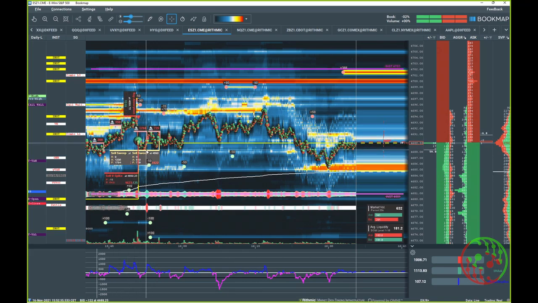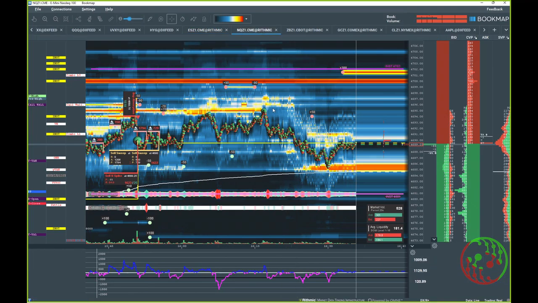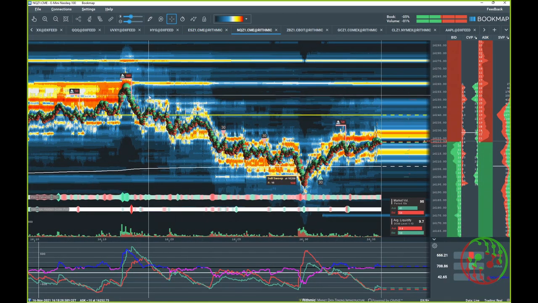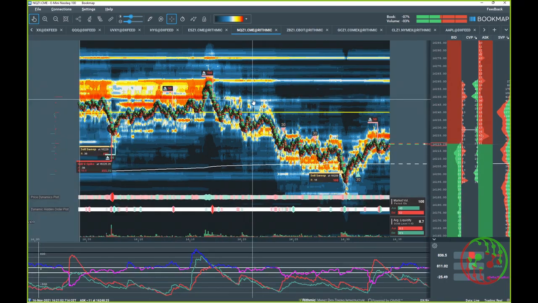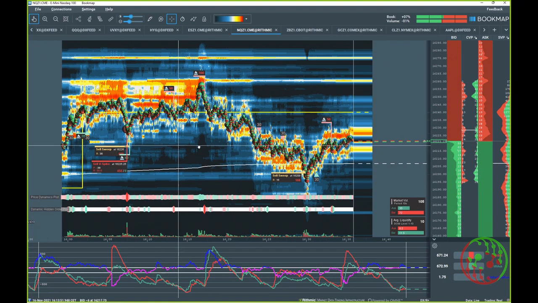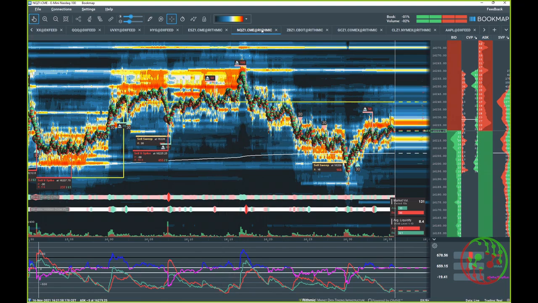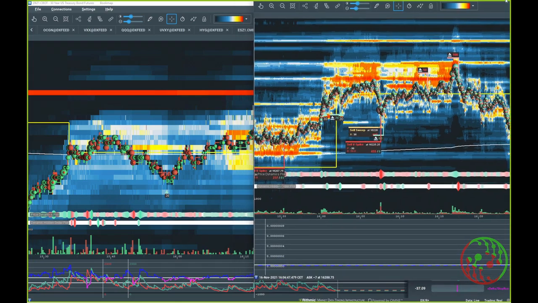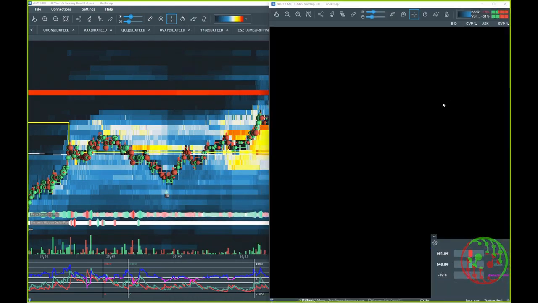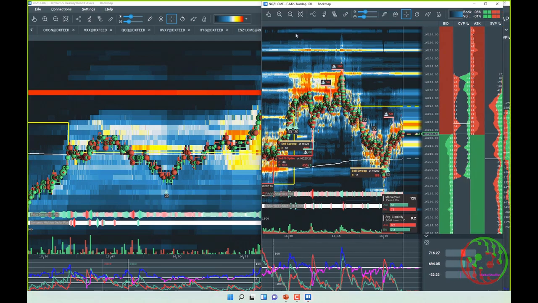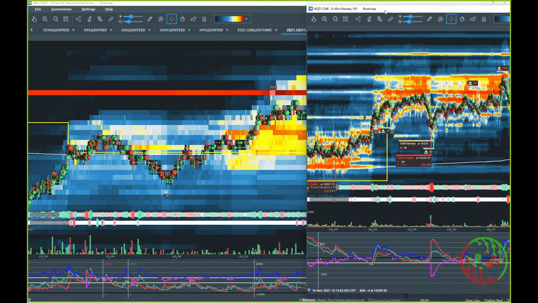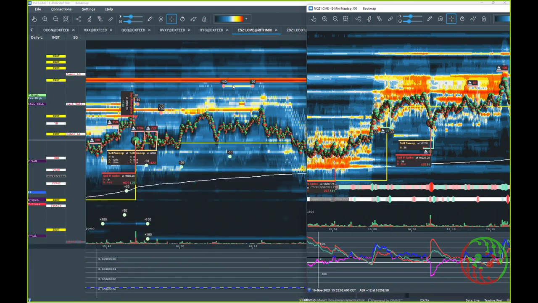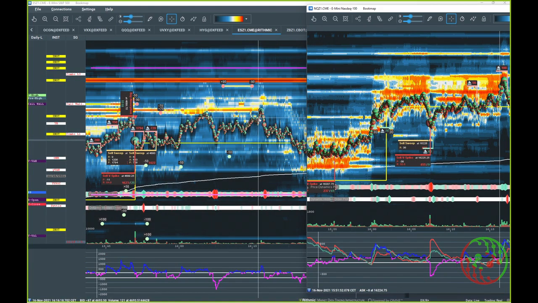It's impressive, ladies and gentlemen. What I would have theoretically done on NQ, because I'm not trading NQ, I would split the screens. Yes, I would have split the screens and see that someone is selling here.